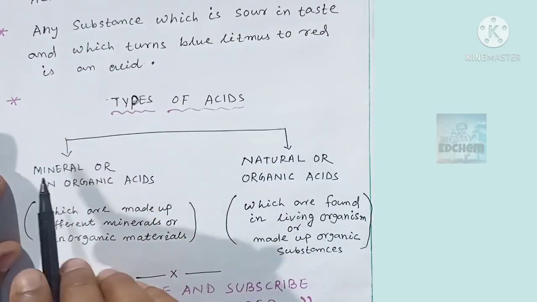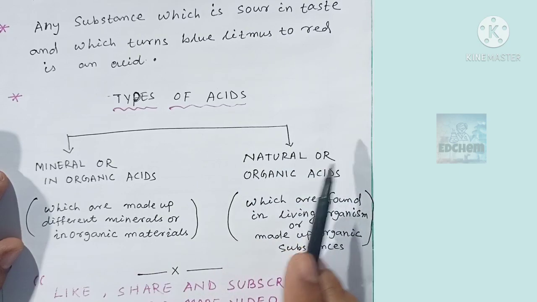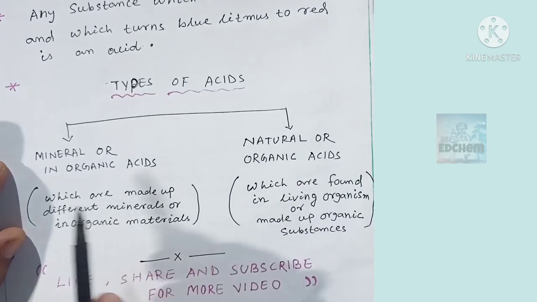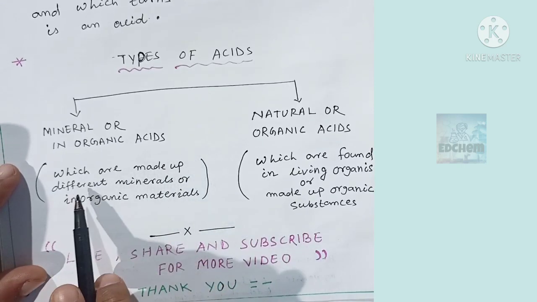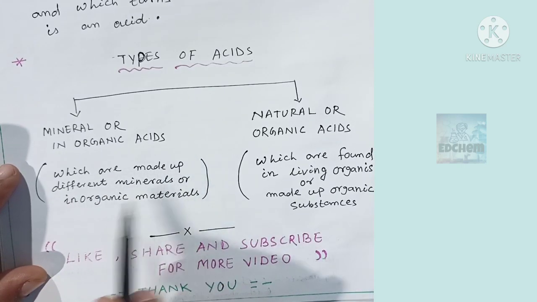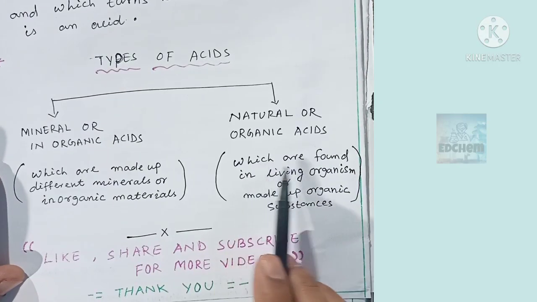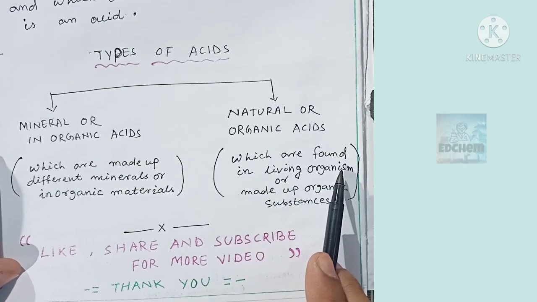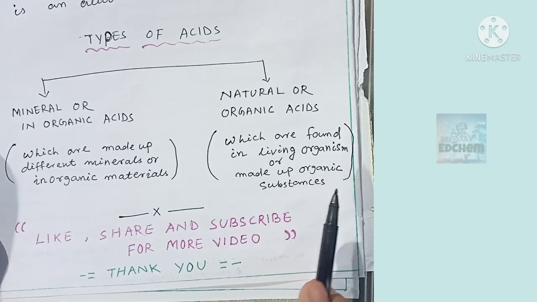Types of acid: mineral or inorganic acid, and natural or organic acid. Mineral or inorganic acid means those made of different minerals or inorganic materials, and organic acid means those found in living organisms or made of organic substances.